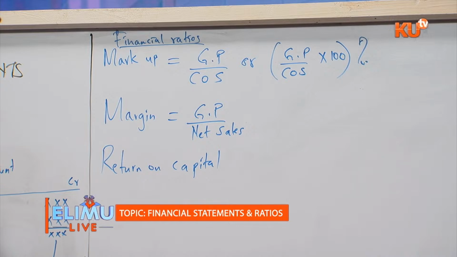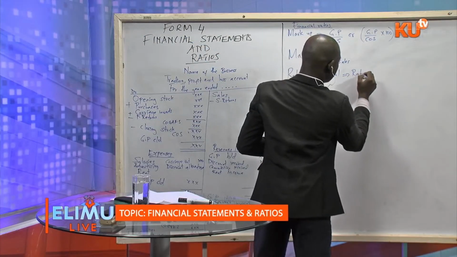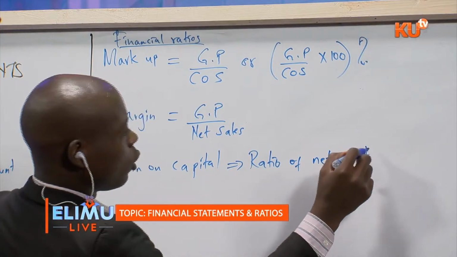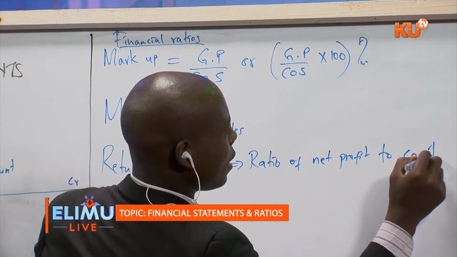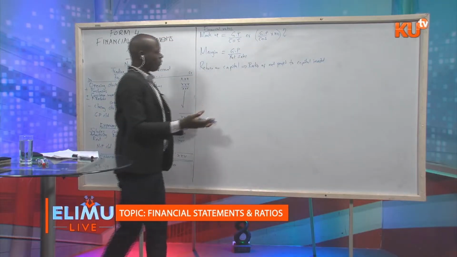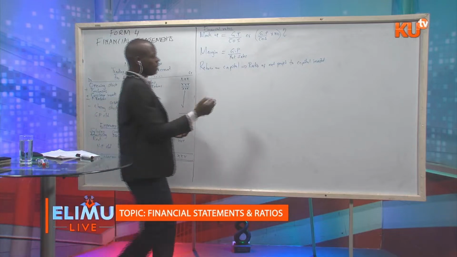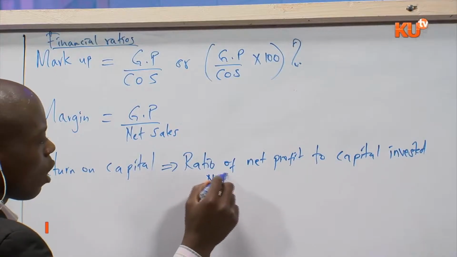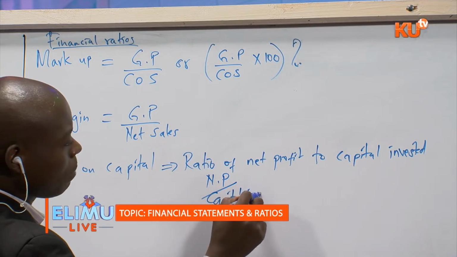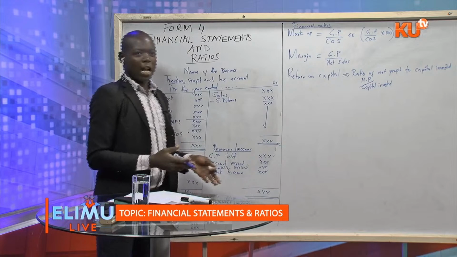Return on capital is simply a ratio of net profit to the capital invested, and we can express it also as a fraction or as a percentage. Net profit to capital invested. That means we take net profit over capital invested. That is how we calculate return on capital.